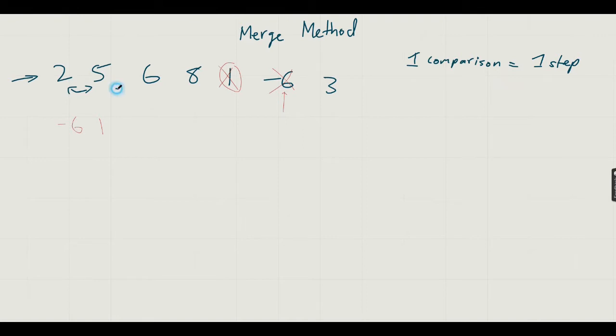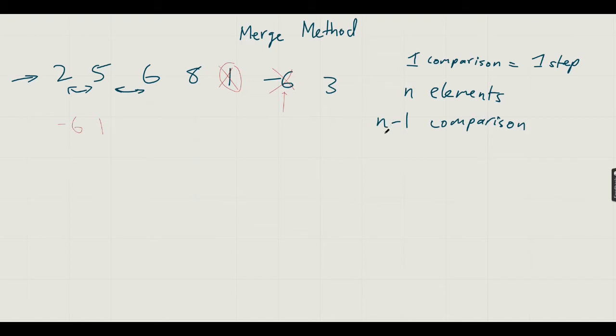Then it would compare the smaller of those, 2, with 6, and it would keep going down. If this sequence had n elements, it would make n-1 comparisons. You can probably see why that's true, because it keeps comparing.